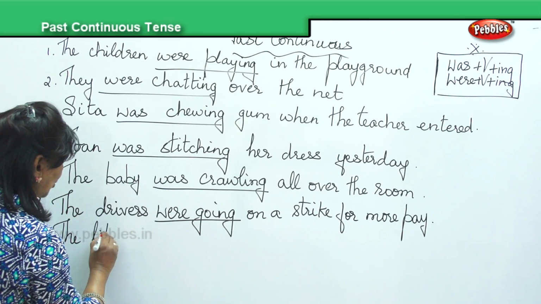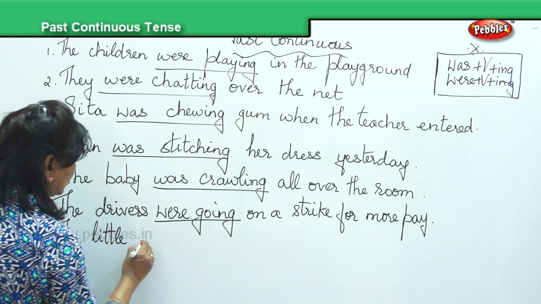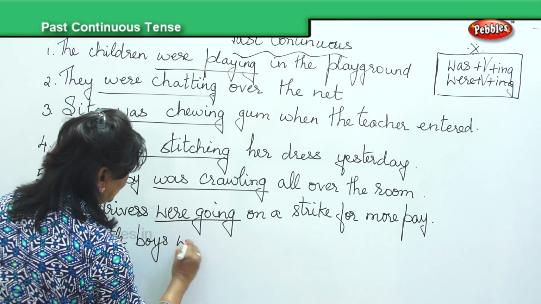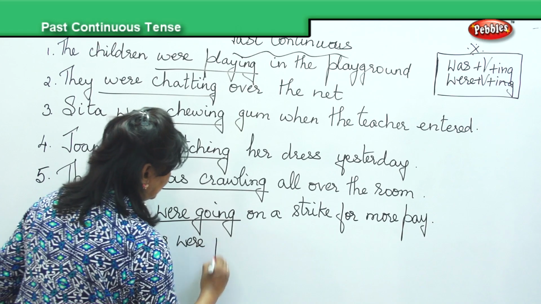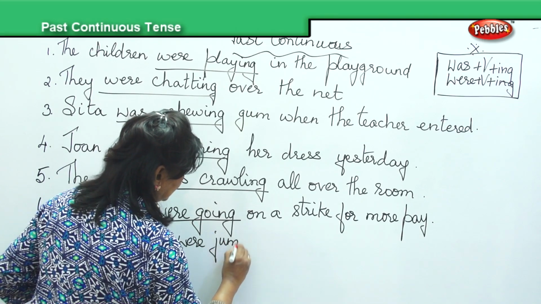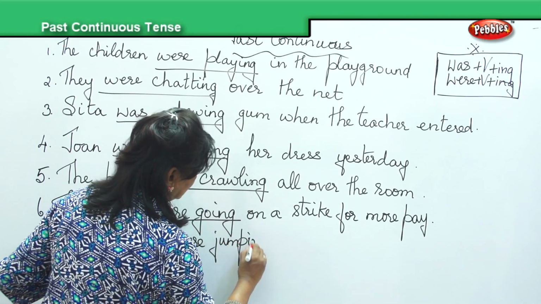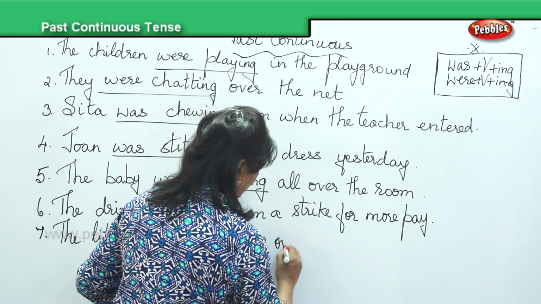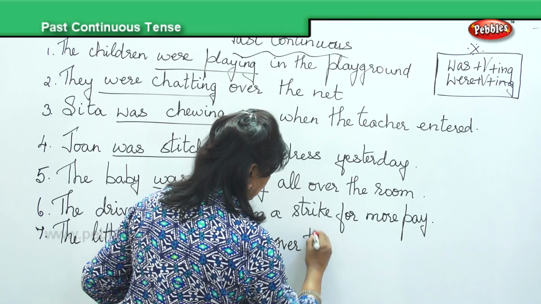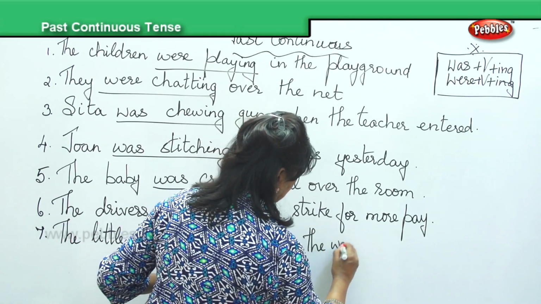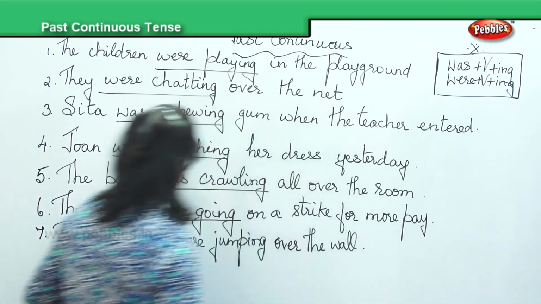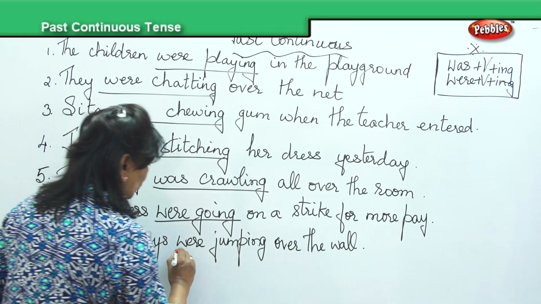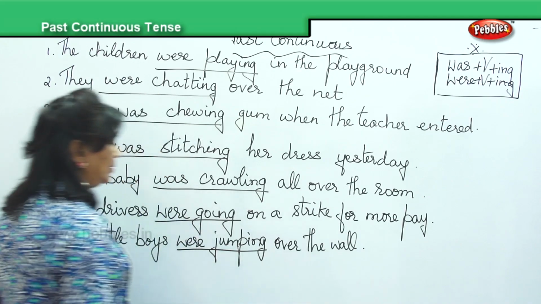The little boys were jumping over the wall. Boys is plural, so were jumping.